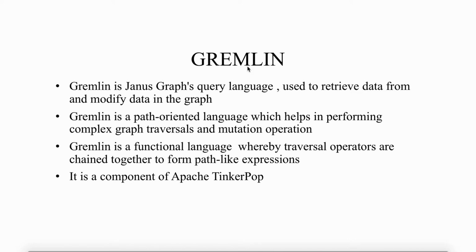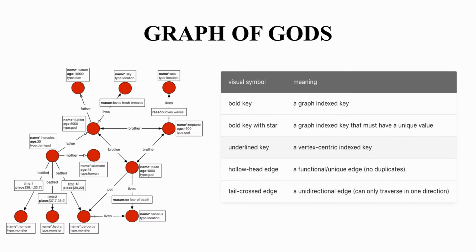Now let's see about the graph of the gods. This is the main structure of the graph of the gods. So what is it? It is a simple example provided by JanusGraph, and it comes along with the package that you downloaded.